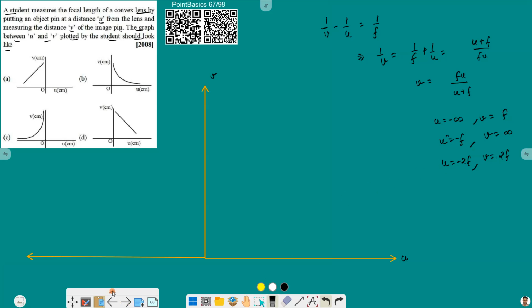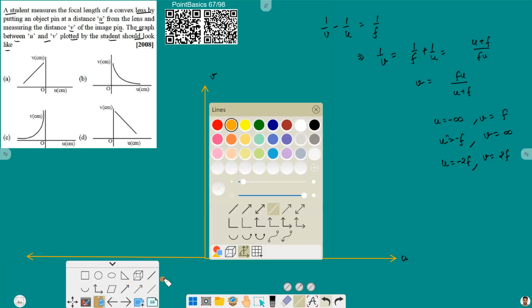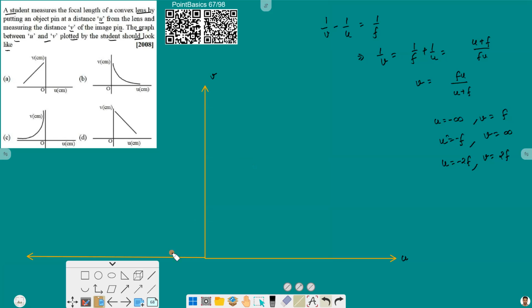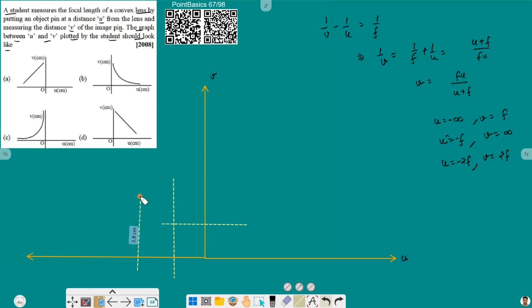So now let us mark some points regarding f and 2f on the coordinate axis. Suppose this line represents f on the u line, and this line represents f on the v line. Now we also need 2f, so suppose this is 2f on the u line, and this belongs to 2f on the v line.